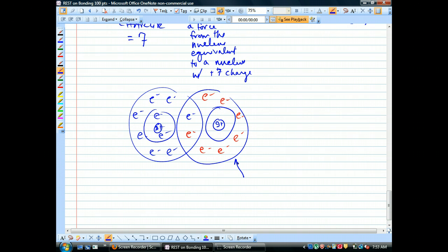But in the case of fluorine versus fluorine, they both have equal strength. So one cannot steal it from the other. Instead, they fight over it forever. And it's an equal fight. Exactly equal in this case. So they are bonded together by their equal attraction for those two electrons and their strong attraction.